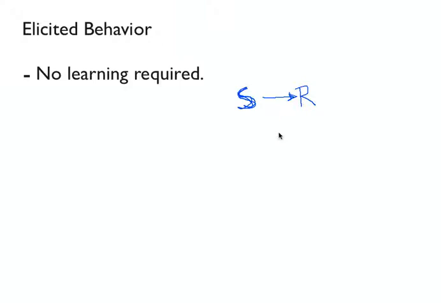The infant reflexes that you saw in the video are not learned. The Babinski reflex is the fanning of the toes and the big toe moving up as a response to a particular tactile stimulation on the foot of the infant. There's no learning involved there.